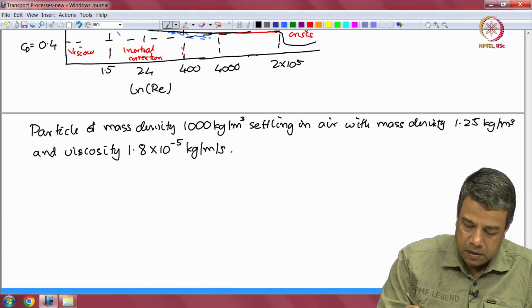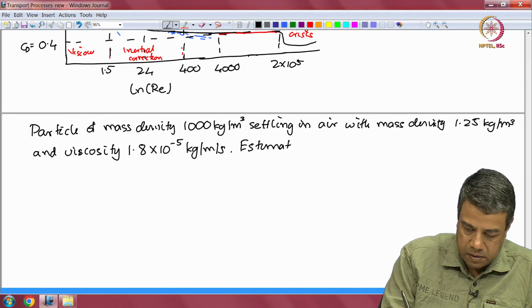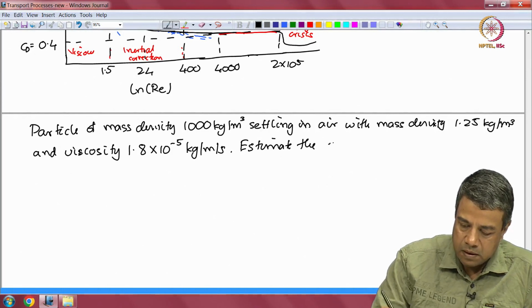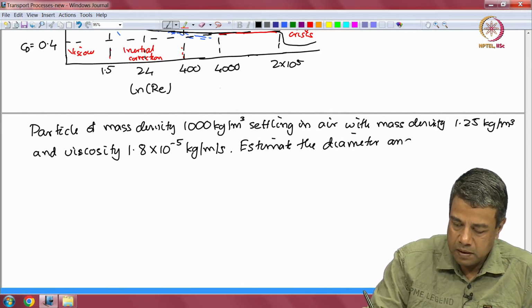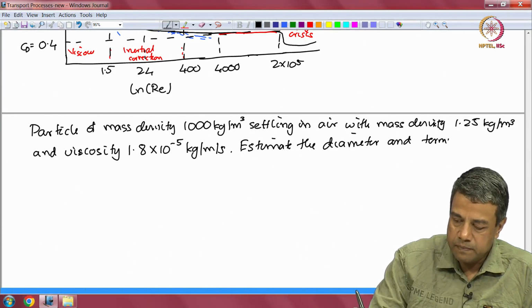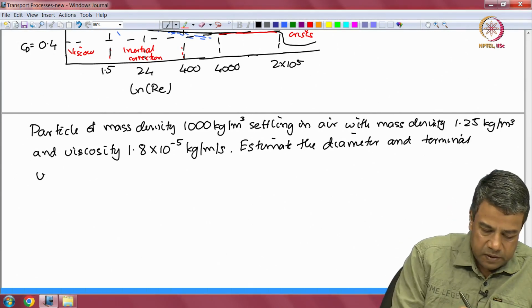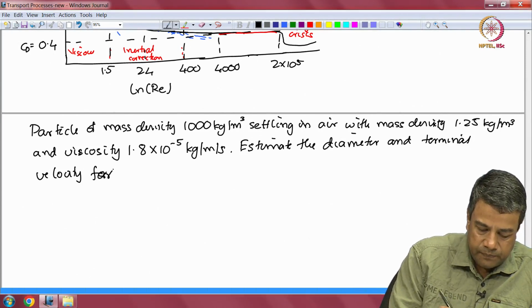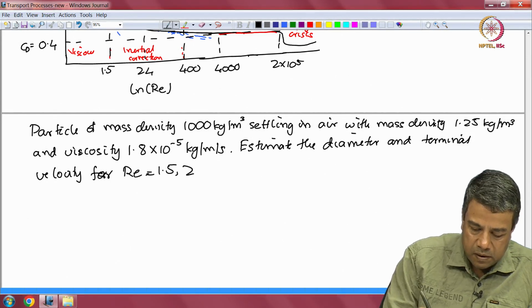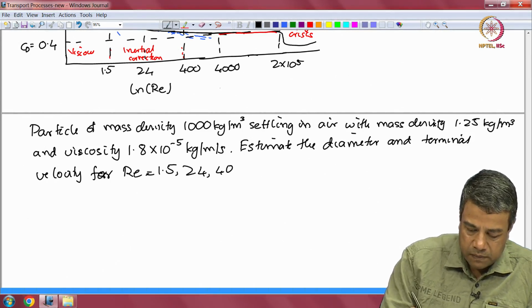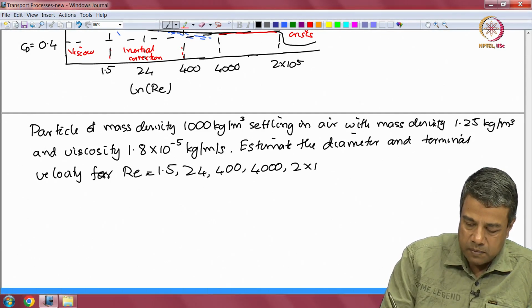So, estimate the diameter and terminal velocity for Re equal to 1.5, 24, 400, 4000, 2 into 10 power 5.